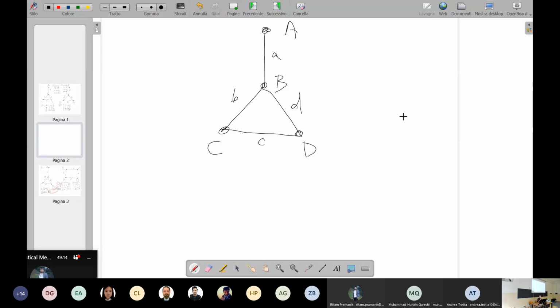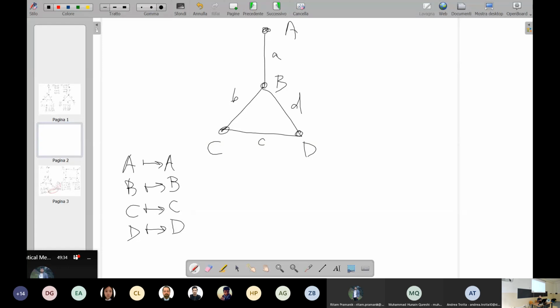One is always there, and it is called the identity, okay? And it's very natural. A to itself, everything to itself. This is called the identity.